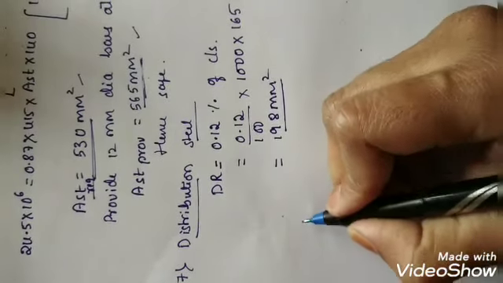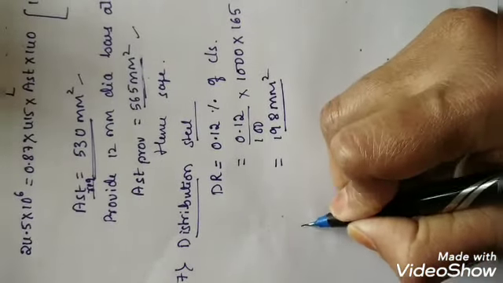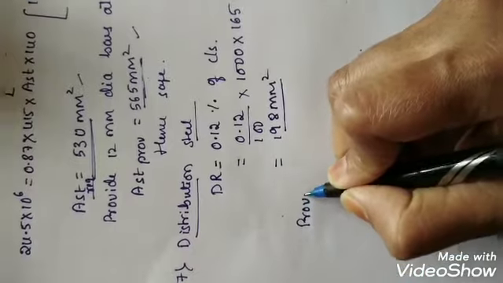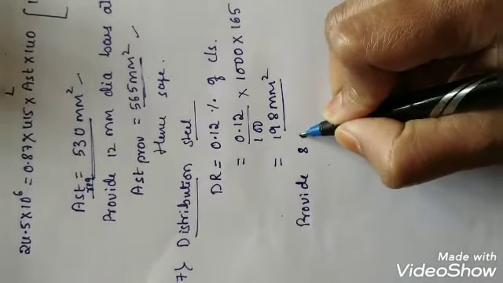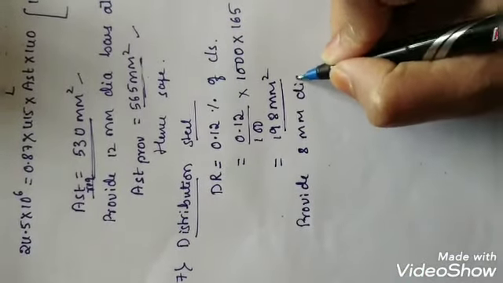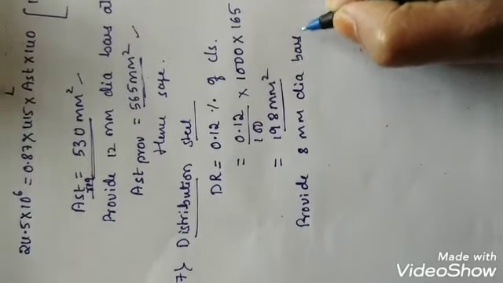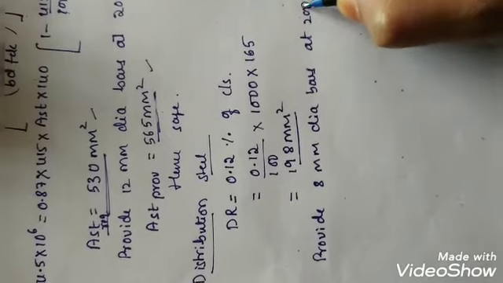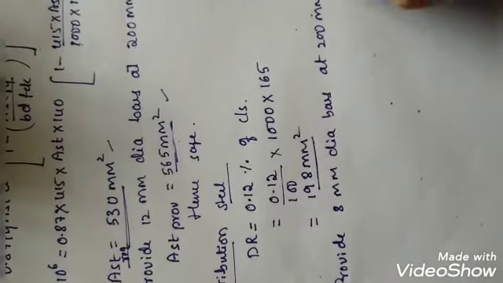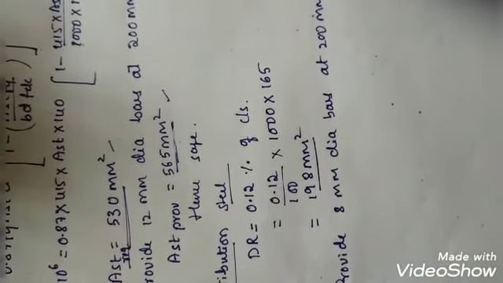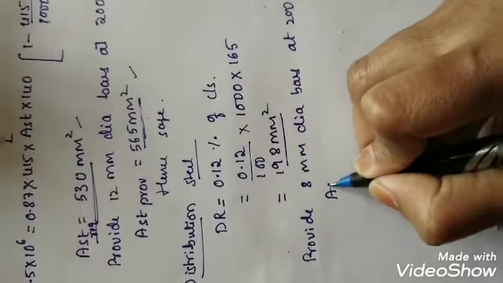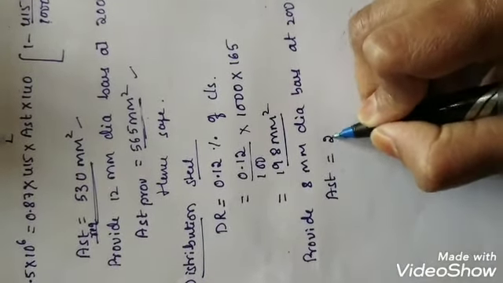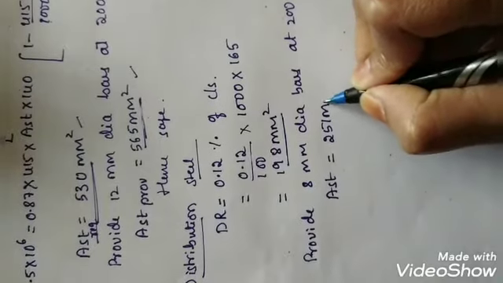Compared to main reinforcement, the diameter should be less. Here I will assume 8 mm dia, provide 8 mm dia bars, and spacing I will consider same as the main reinforcement, at 200 mm centers. If you calculate the Ast provided, you get 251 mm square.